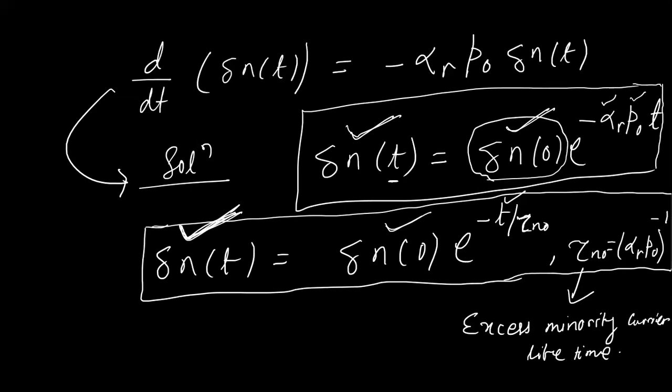Now what is the recombination rate of excess minority carrier electrons, which we got? So d by dt of delta n(t), which we wrote in this form, delta n0 e to the power minus t by tau n0, is the rate of excess minority carrier electron recombination. Now if I write R n prime, the recombination rate of the excess minority carrier electrons, it can be written as the rate of decay.